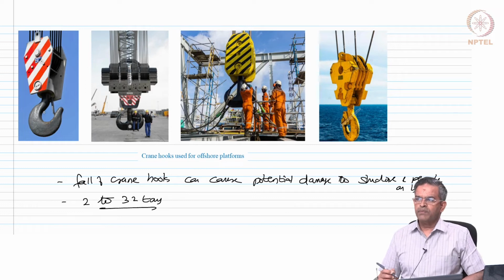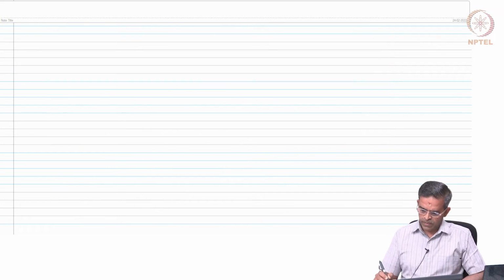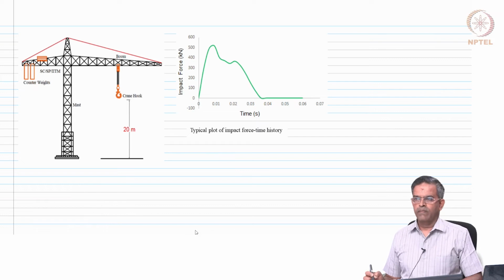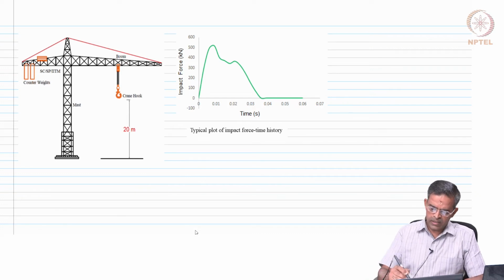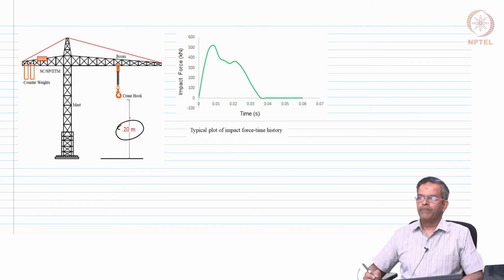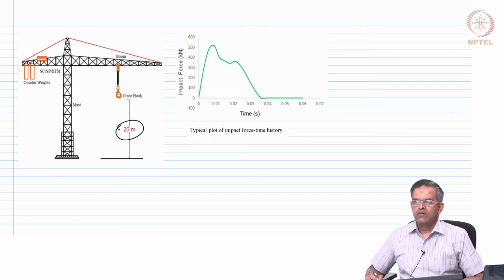Let us pick up a specific crane hook of that order and make a model. Let us say the crane operational height ranges from 15 to 25 meters. So, let us take a 20-meter drop of the crane hook falling freely with a high velocity.